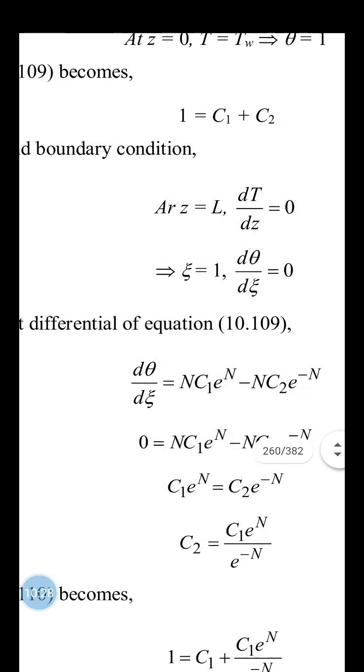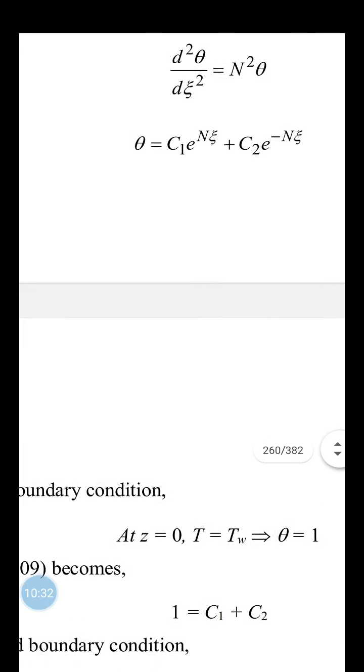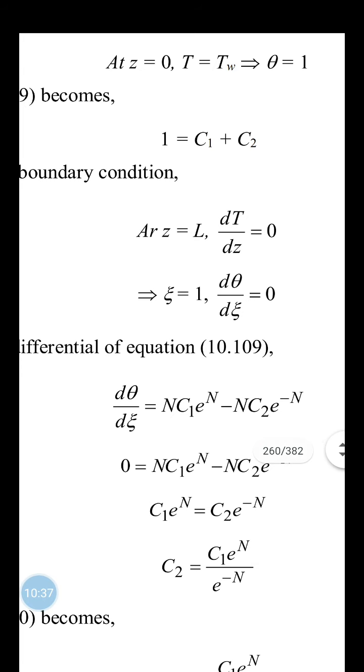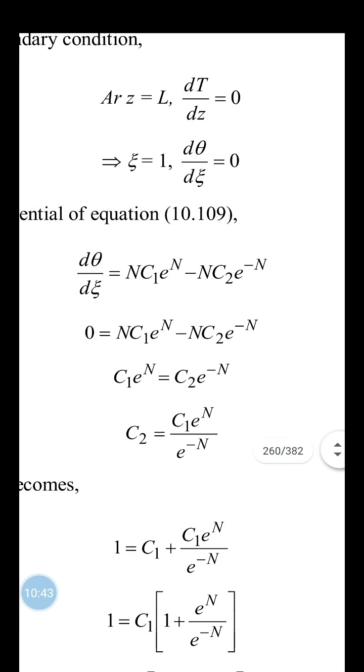This is equation 10.109. If we take the first differential, d theta by dz is equal to 0 as per the above conditions, so it becomes n c1 e raised to n minus n c2 into e raised to minus n.